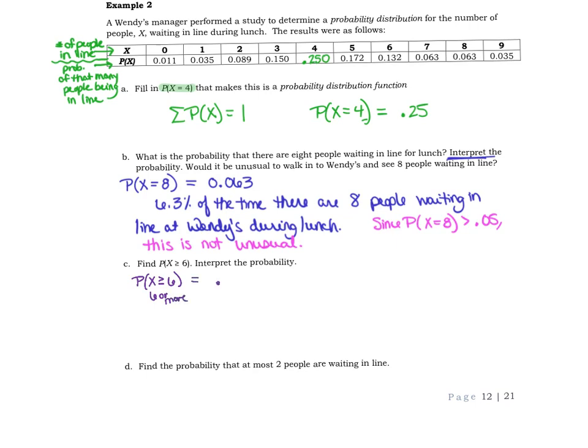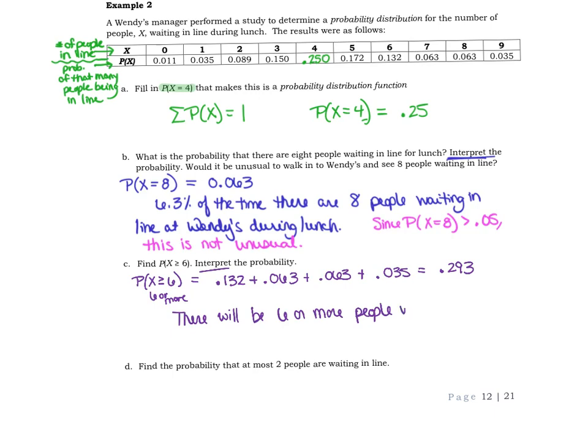So 6 customers is 0.132, 7 customers, 0.063, same for 8 customers, and 9 customers, 0.035, for a total of 0.293. And again, interpret the probability. So there will be 6 or more people waiting in line 29.3% of the time.